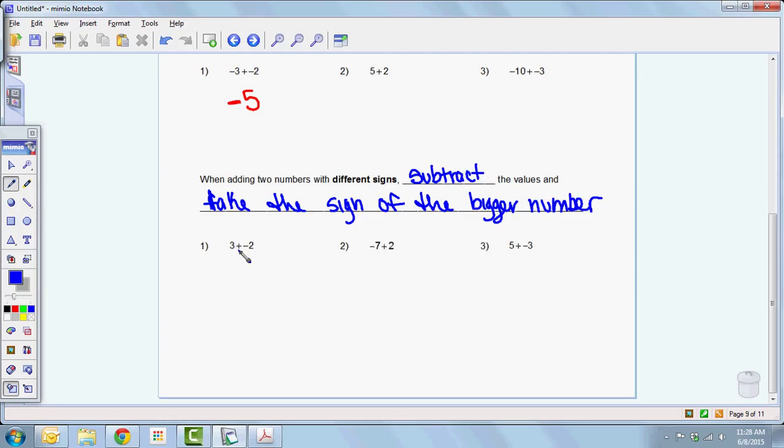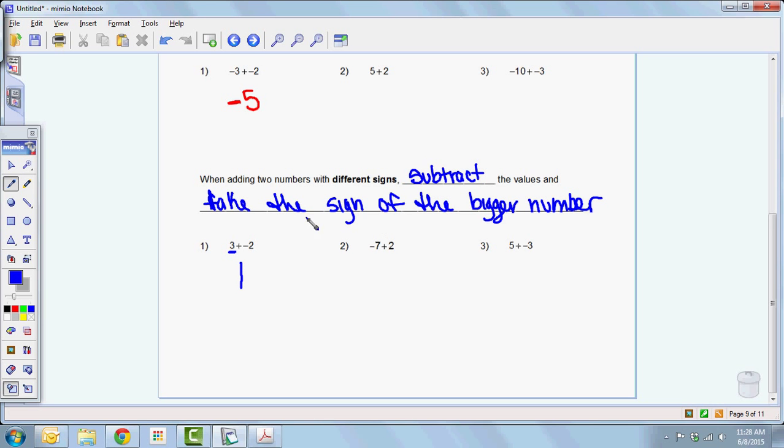So let's look at example number 1. So we have 3 plus a negative 2. Subtract 3 and 2, and what would you get? You'd get 1. Oh my gosh, what is that, Mrs. Sanford? That's not a 1. Let's try that again. So we have a 1. And then which number is bigger? 3 is bigger than 2. So that means my answer is going to be positive.